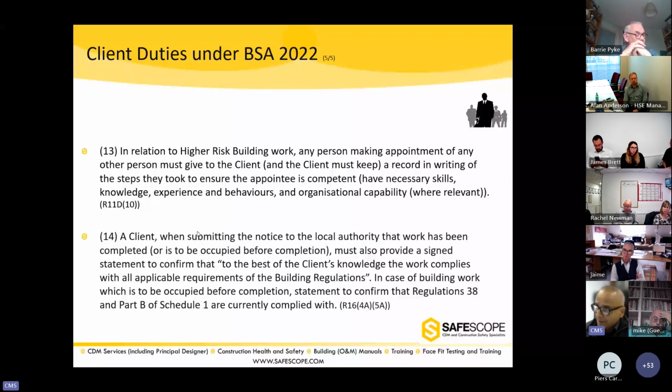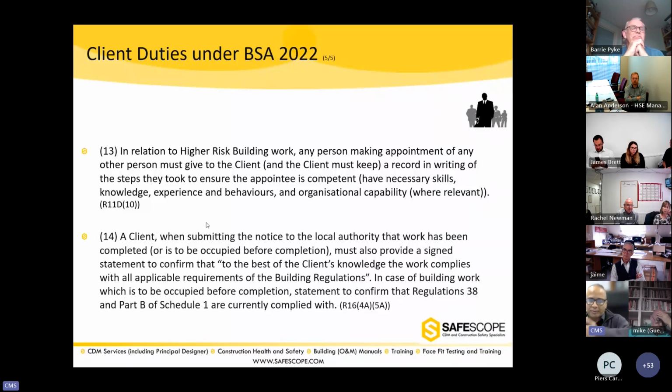In relation to higher risk building work, any person making appointments. So if a principal contractor makes an appointment of another contractor on a high risk building project, they must give a record to the client to say, by the way, client, we have made this appointment, and these are the steps we have taken to ensure the appointee is competent.